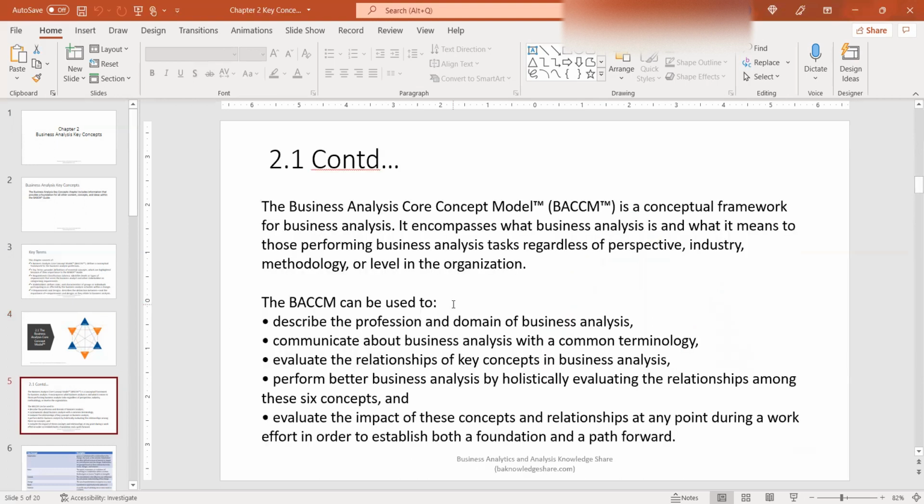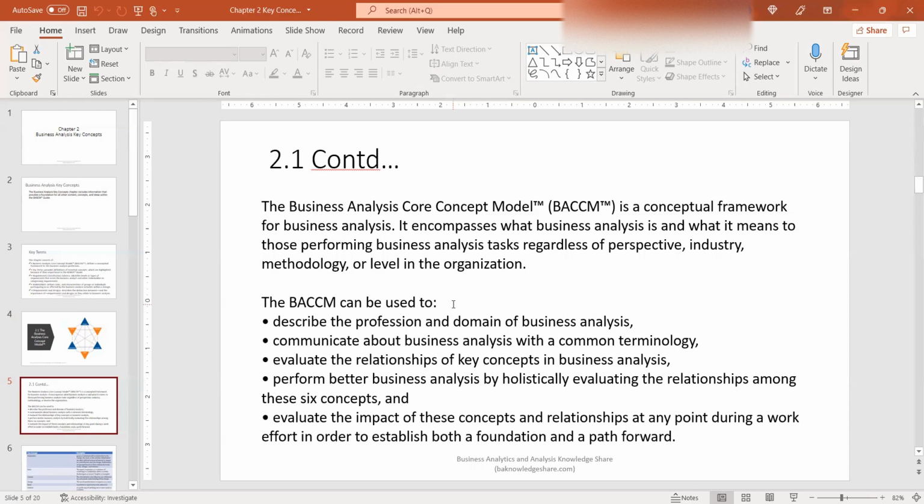The business analysis core concept model is a conceptual framework for business analysis. It encompasses what business analysis is and what it means to those performing business analysis tasks, regardless of perspective, industry, methodology, or level in the organization.